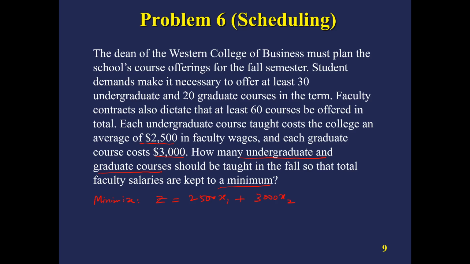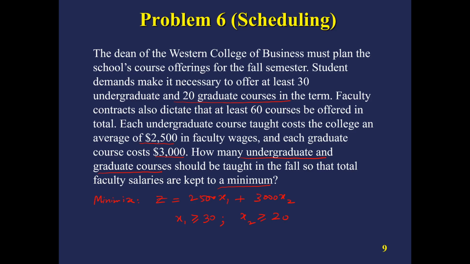And then we have student demand make it necessary to offer at least 30 undergraduate. At least means x1 greater or equal to 30, and 20 graduate courses. So x2 should be greater or equal to 20.